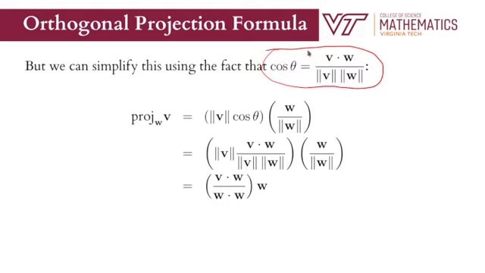These will cancel. And what we have here is the magnitude of W squared. And so I want to talk about this for a second. Let's say W is some vector ABC. Then the magnitude of W is the square root of A squared plus B squared plus C squared.